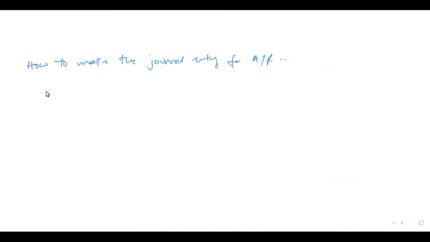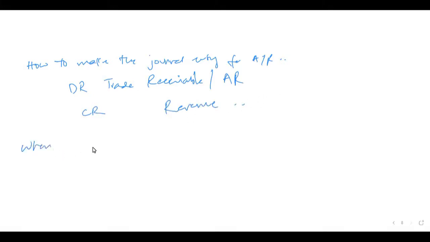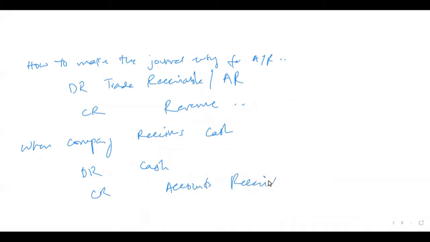It occurs when the company has sold the goods and has not received the cash, right? So what the company would be doing is debit the trade receivable, or equally accounts receivable, and then credit revenue. When the company receives the cash, the company will debit cash and then credit the accounts receivable.